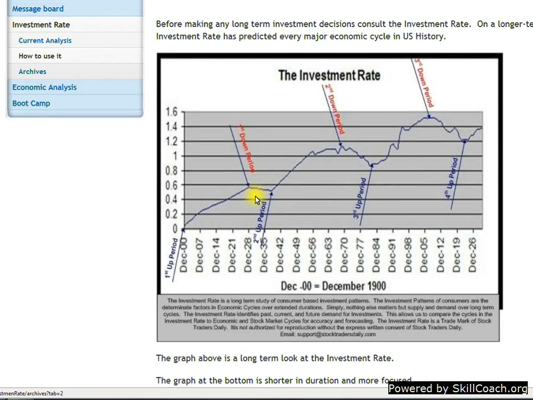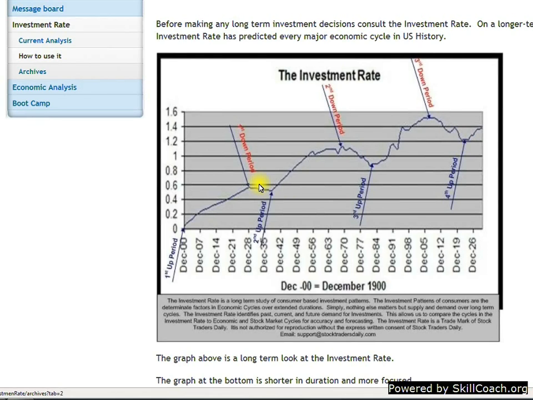It shows us that there have been 3 major down periods now in U.S. history. The first was the Great Depression, the second was stagflation, and the third began in 2007. It is the current economic environment that we are in today, and it lasts until 2023.